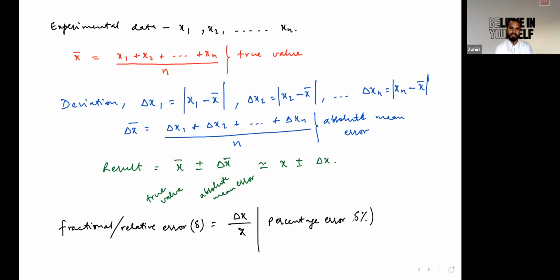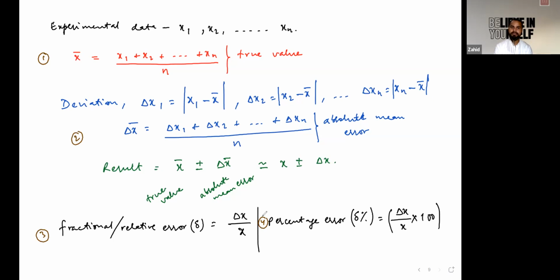It means delta percent. So it will be equal to delta x divided by x into 100. So on the basis of experimental data, we can calculate these four different values. First, true value. Second, absolute mean error. Third, fractional error. And fourth, percentage error.